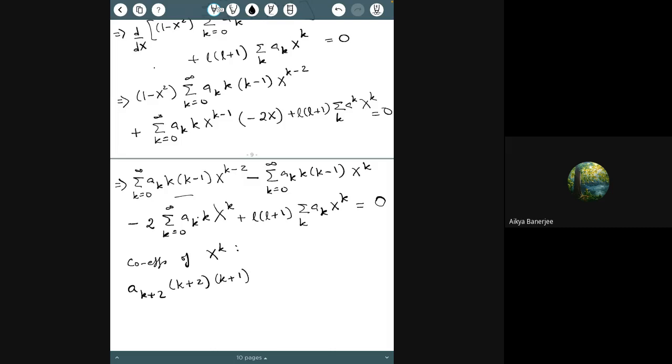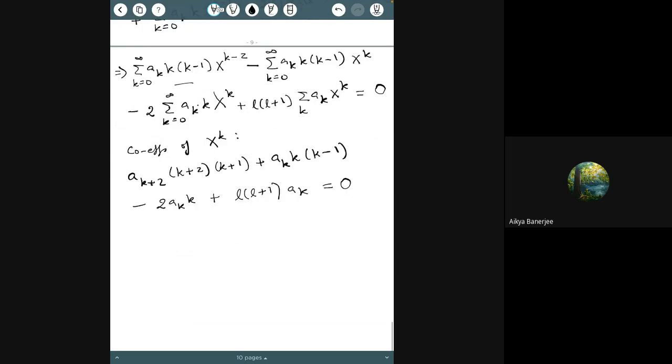Then in the next one, it's already x to the power k. So I just have a_k times k(k-1). From the third term, I have minus 2k a_k. And from the fourth term, I have L(L+1).